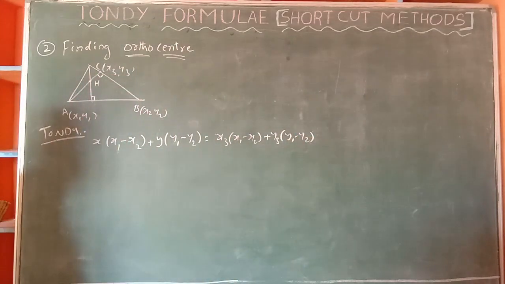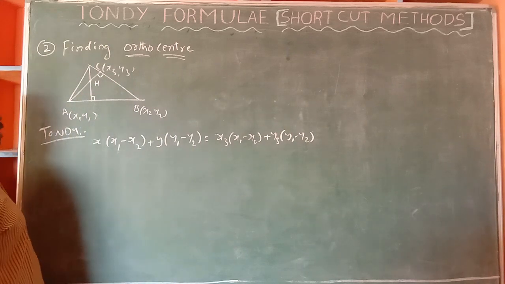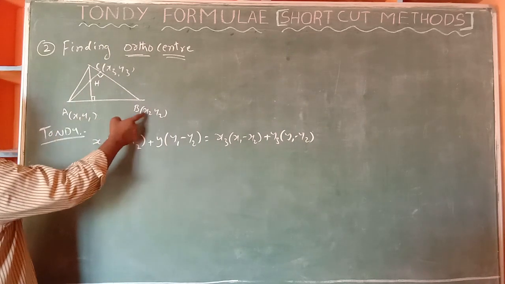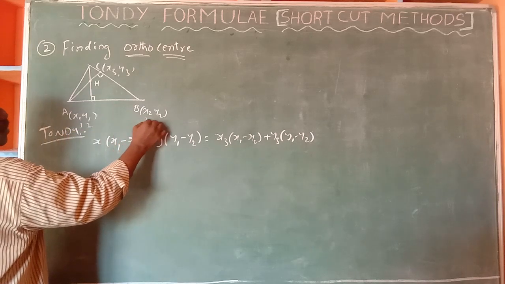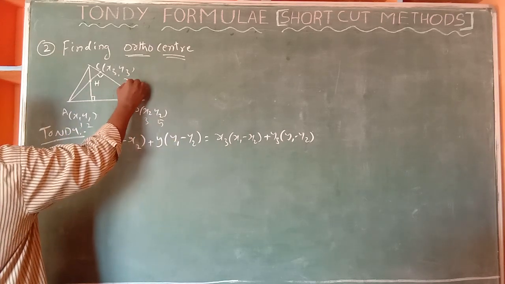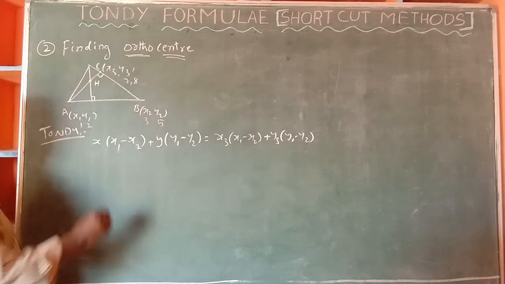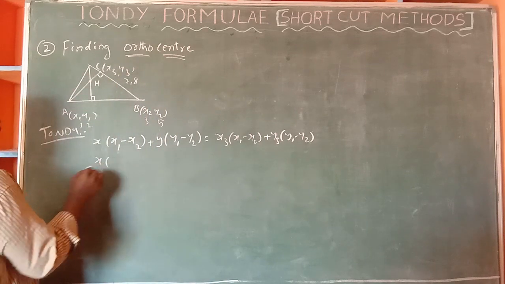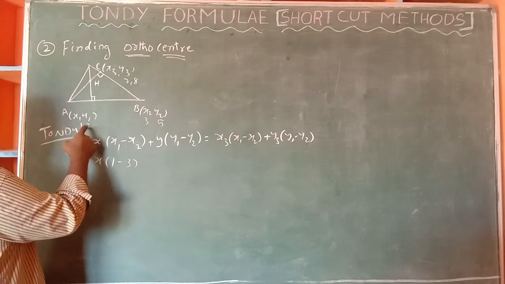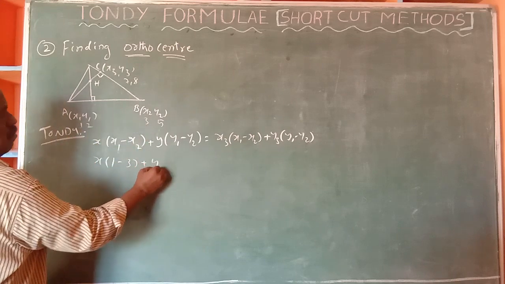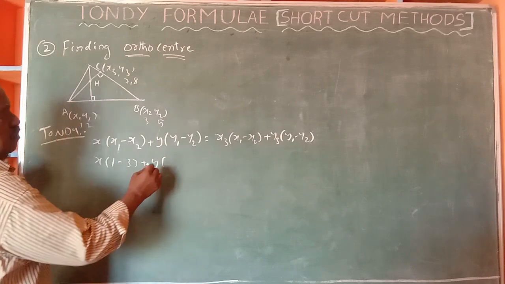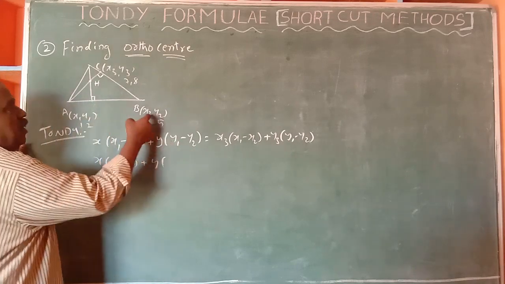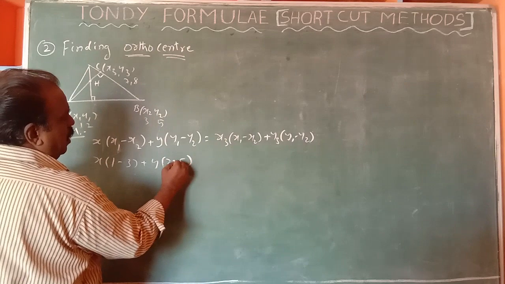Now here x1, x2 are numbers. Suppose it is (1, 2), (3, 5), (7, 8), like that, for example. It is x of (1 minus 3) plus y of (2 minus 5), where x and y are general variables, equal to 7 of (1 minus 3) plus 8 of (2 minus 5).